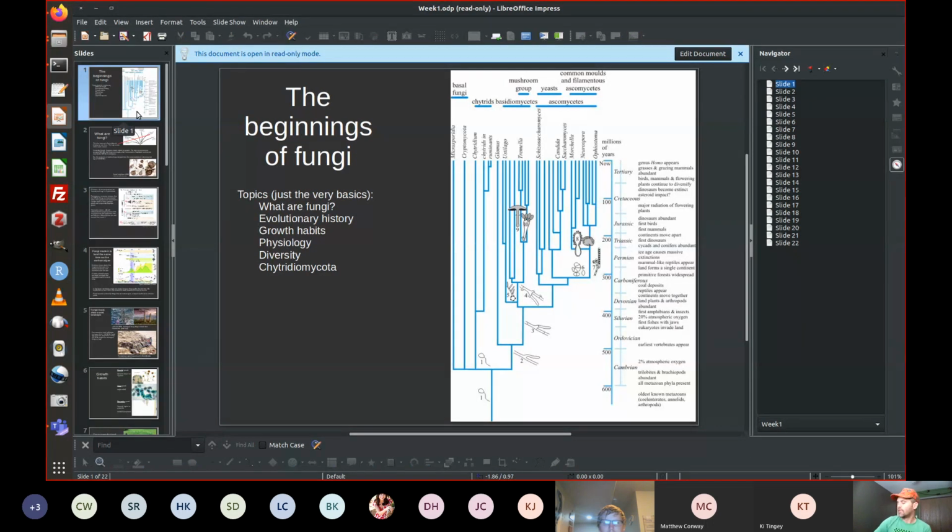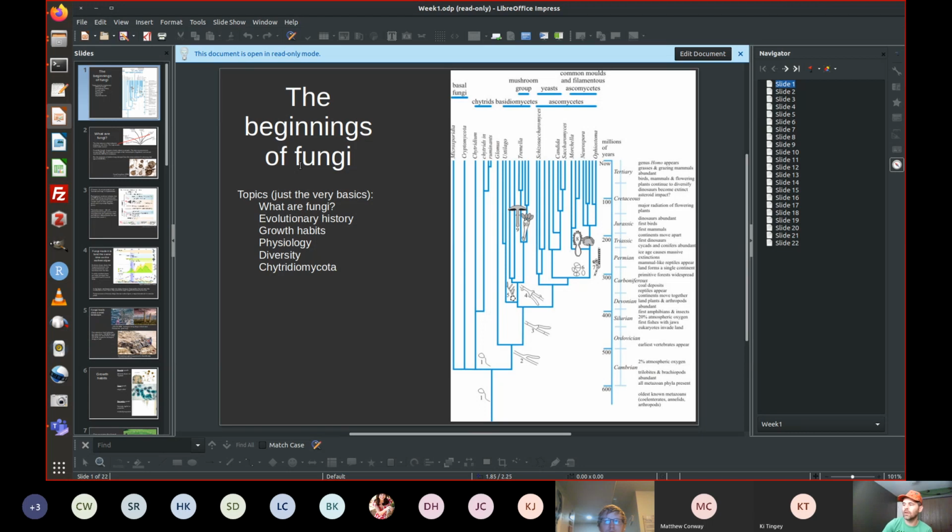Okay. So a good spot to start is with the beginning of fungi, and so we want to think about what fungi are and when and where they evolved and what makes them different from the most recent common ancestor of fungi and animals.